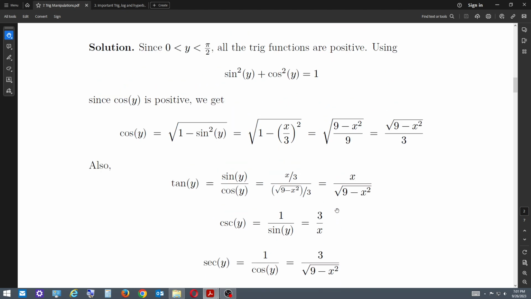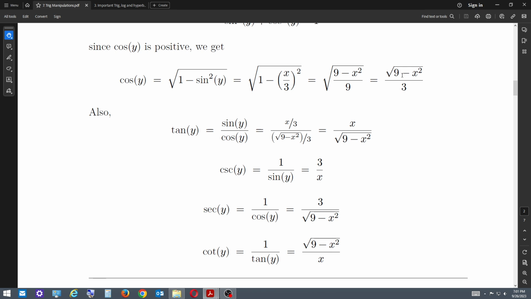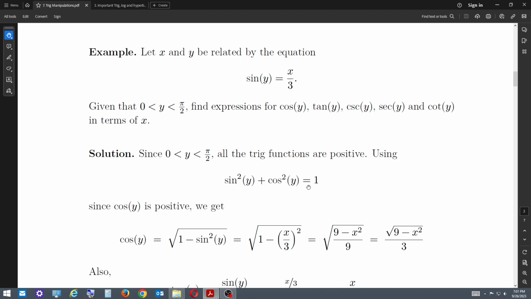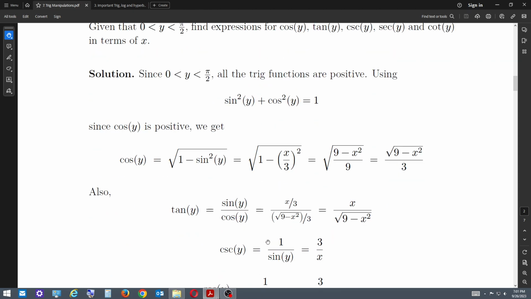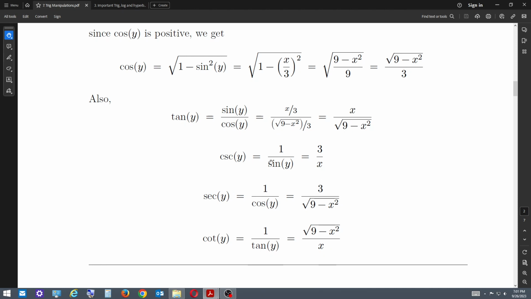So I've found the remaining 5 function values: cosine, tan, cosecant, secant, and cotangent. And that's basically it. You simply use the identity that you need. In this case, we use this identity first, then this identity second, and then these for the reciprocals. We simply use those to get the desired values that we need.